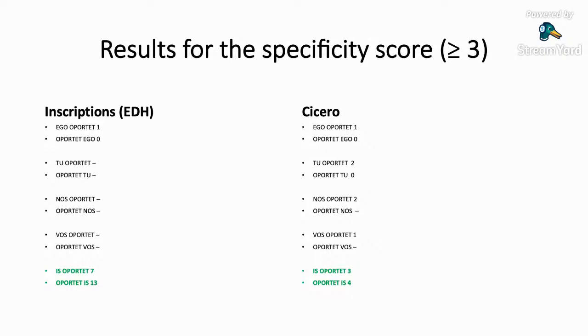And it seems that in both corpora, the co-occurrence of a personal pronoun, first, second person, with oportet, on the right or on the left, anyway, it is not specific. While the co-occurrence with, for example, the pronoun is considered as specific.